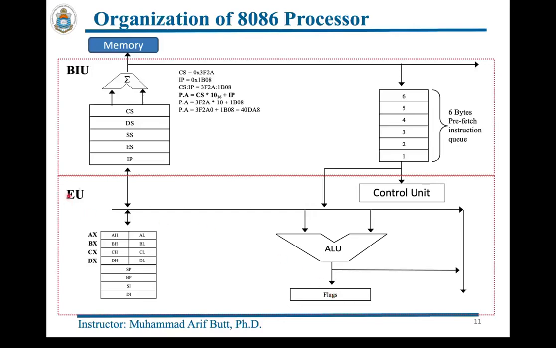My dear students, while this execution unit is executing an instruction, this bus interface unit proceeds to fetch a new instruction, and depending on the execution time of the first instruction, this BIU may fill this prefetch instruction queue with several new instructions before the EU is ready to draw the next instruction.